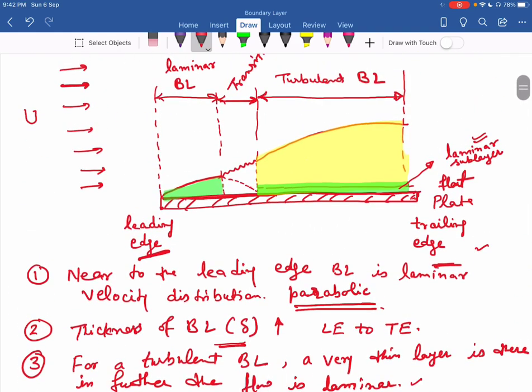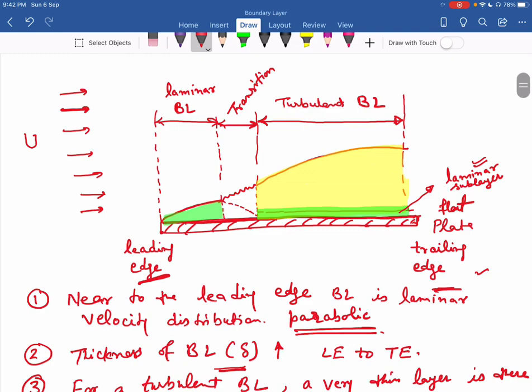You can see in this diagram, if I increase this u, then this thickness comes to the lower side, something like this. So as we increase u, delta decreases.